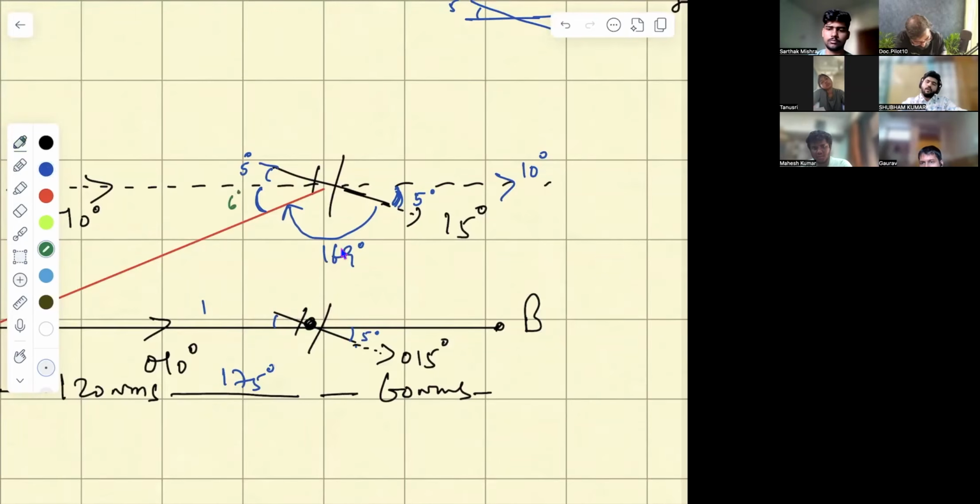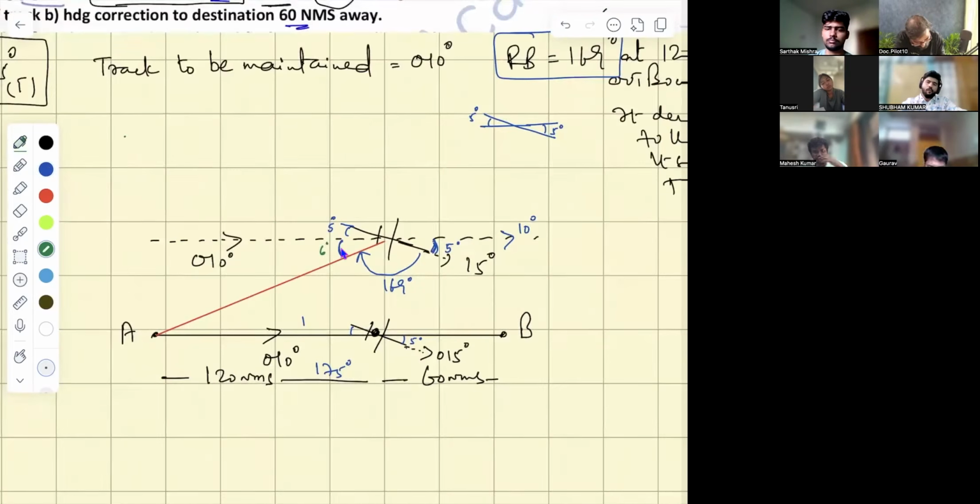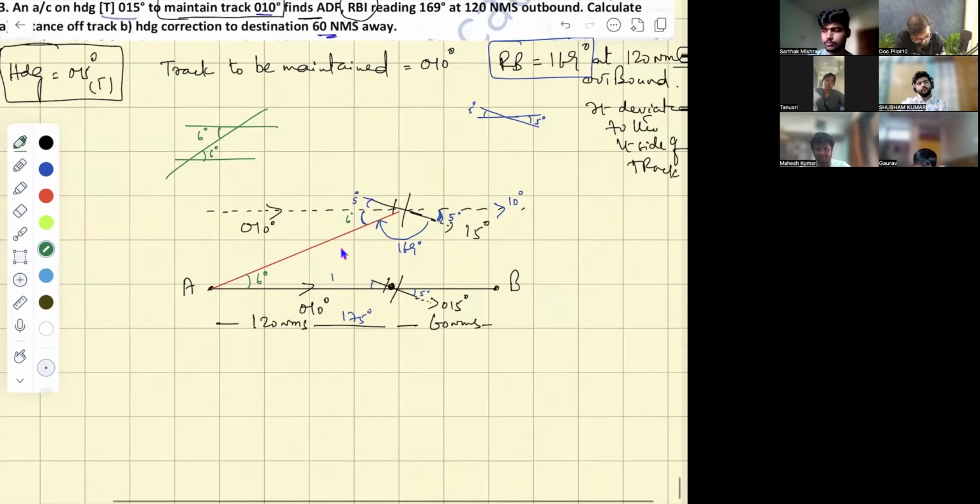If you draw two parallel lines and you cut a line like this, if this is 6 degrees, how much is this angle? It is also 6 degrees. So that means what is the track error? 6 degrees. Very simple, no? So track error is 6 degrees.